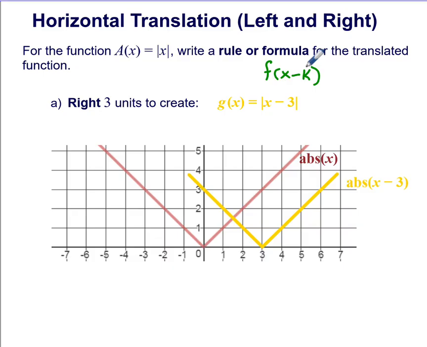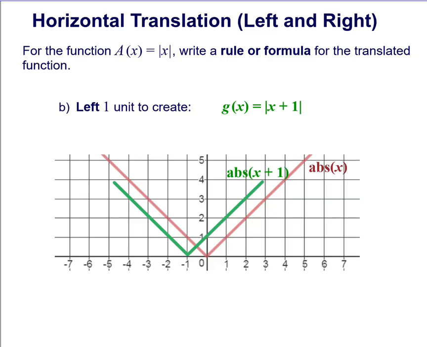Since we're moving 3 places to the right, k is positive 3. So I substitute k with 3, and that's how we get our new rule, g of x is equal to the absolute value of x minus 3.